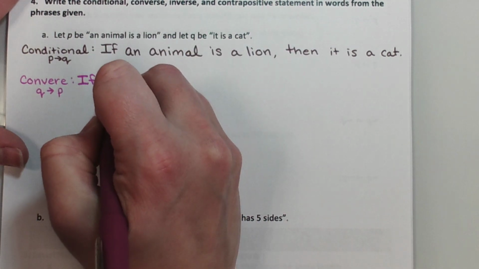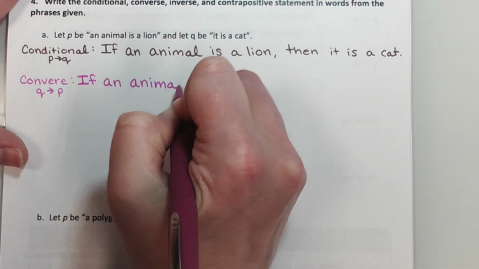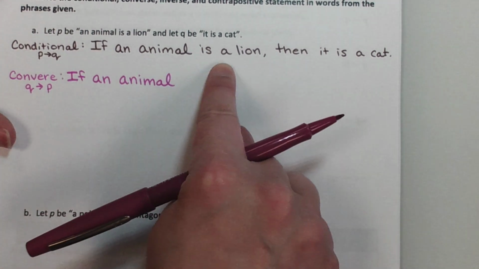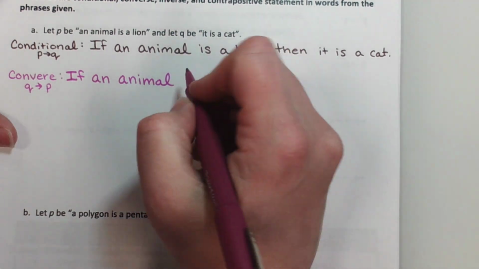So when I write the converse, I should keep the words an animal because that's what we're talking about in the beginning. And the actual things that I should switch around is what I'm saying about said animal. So instead of starting with an animal is a lion, I'm going to say the animal is a cat.